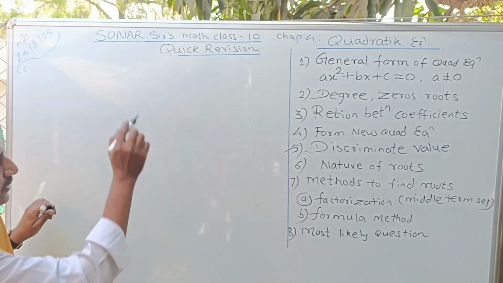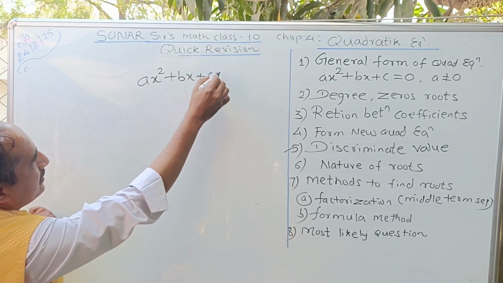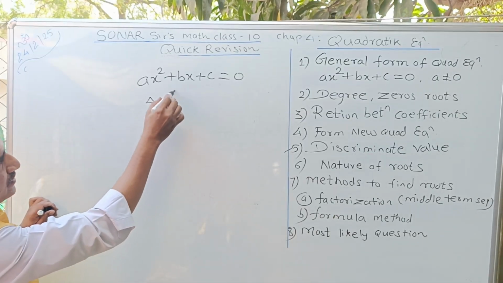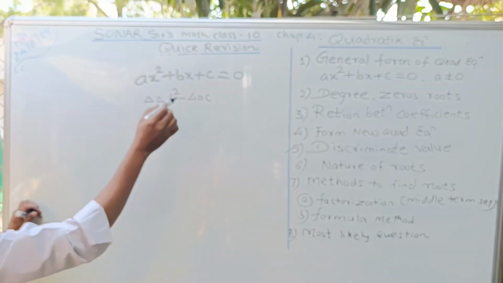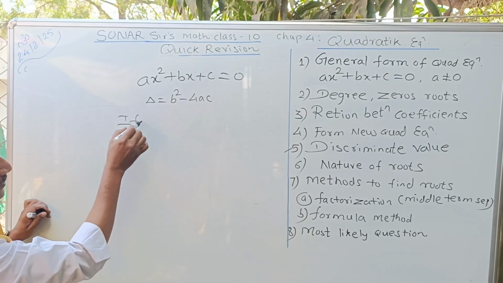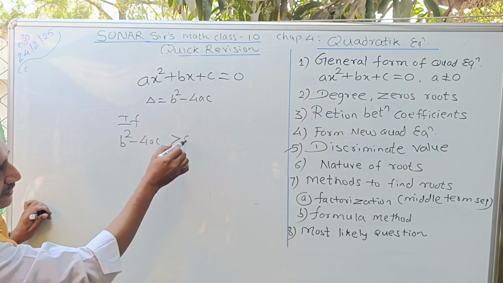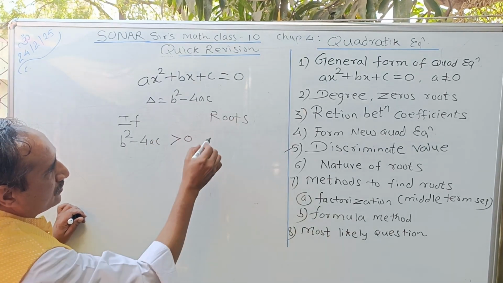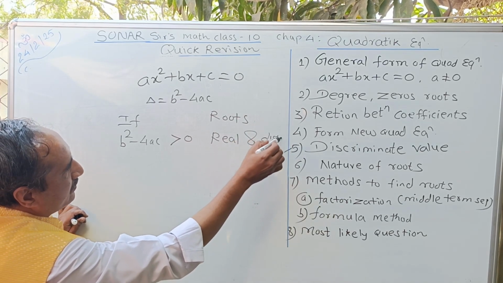For a quadratic equation, ax square plus bx plus c equals to 0, delta, b square minus 4ac, is a discriminant value, and if b square minus 4ac is greater than 0, then roots are real and distinct.